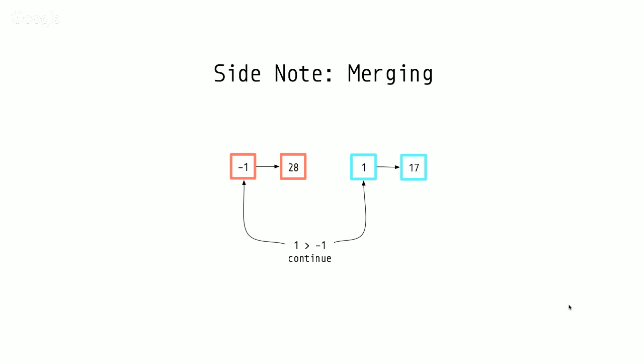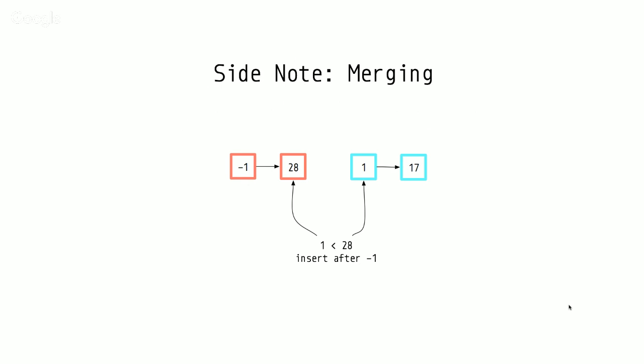The first step here is to look at the first two elements of each list. Since 1 is greater than -1, we're going to look at the next element. But now, since 1 is less than 28, we know that 1 needs to be placed before 28.